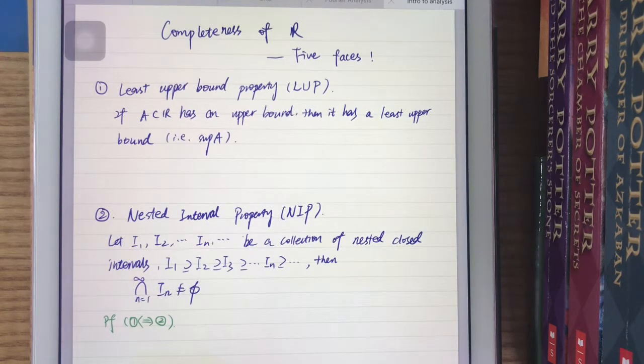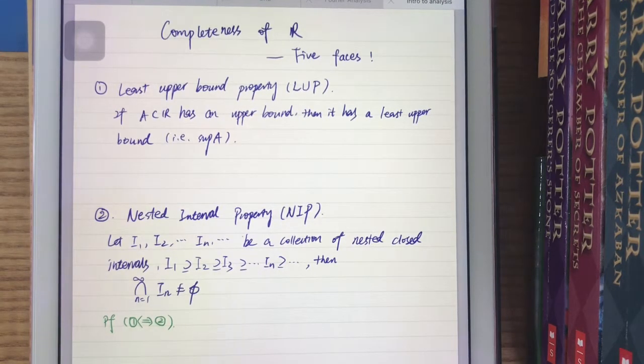I basically want to show that there are several forms of completeness, or you can say completeness of real numbers from 5 different perspectives, and all these properties or theorems from 5 perspectives are actually equivalent, so you can get the result of any one of them from the others.